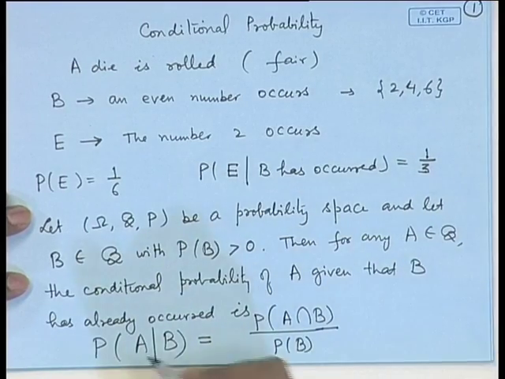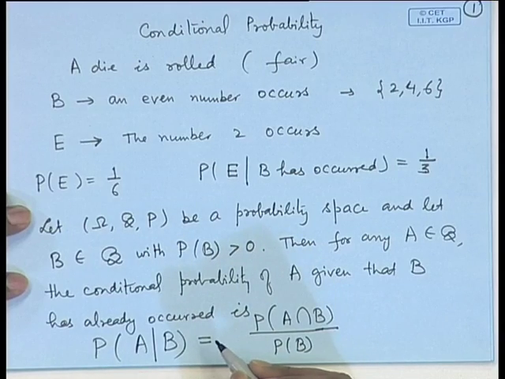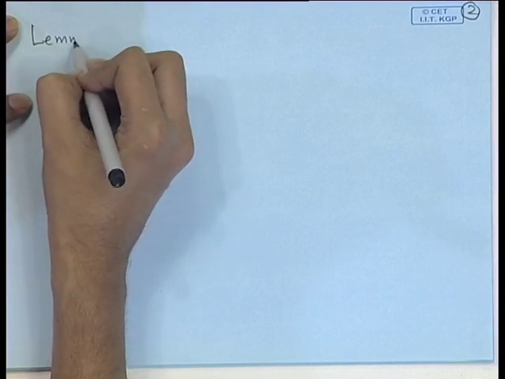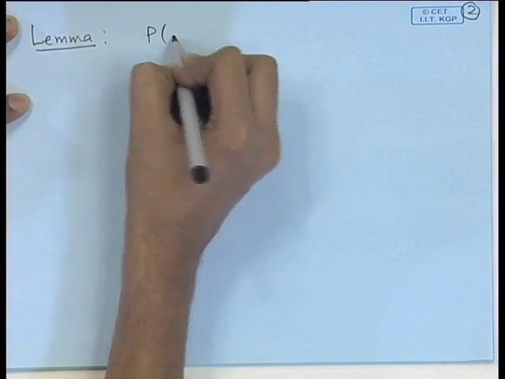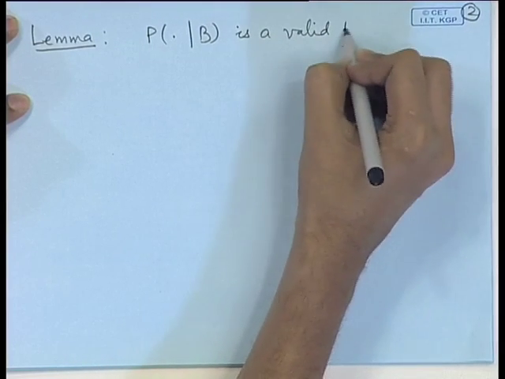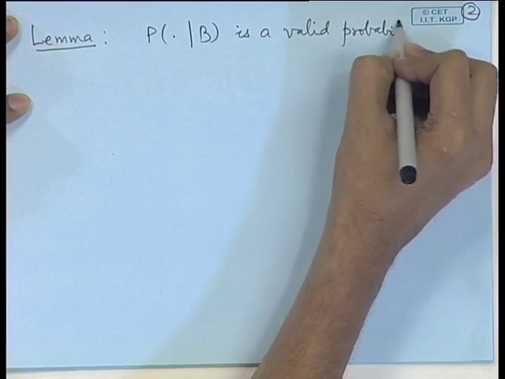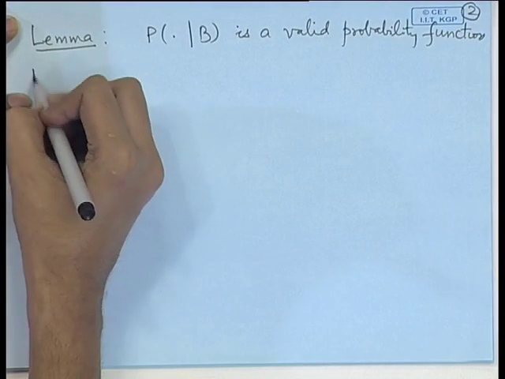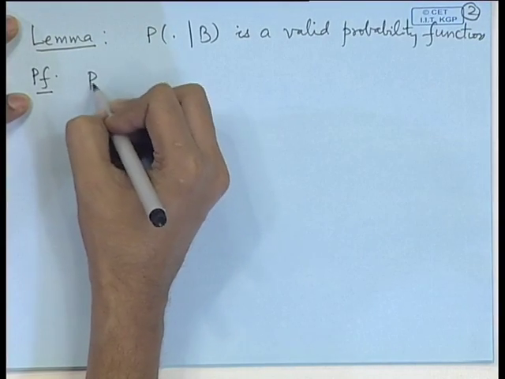Now, given any event B, if we are defining the probability of A, then first of all we should check whether it is a proper probability function satisfying the axioms of probability. Let us check that. We state it as a result that P(· | B) is a valid probability function, meaning thereby that it will satisfy the 3 axioms.